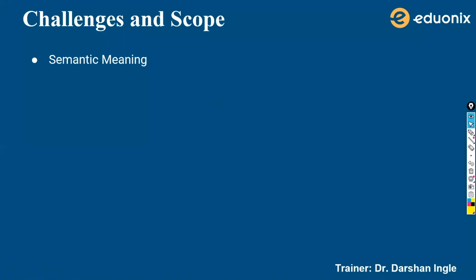So when you talk of semantic meaning, of course, I'll be giving you examples of each of these. Right now, when you talk of semantic meaning, it is simply understanding a word with respect to the context. The next one that we have over here is entity extraction, which is simply extracting the unknown entities in the language.